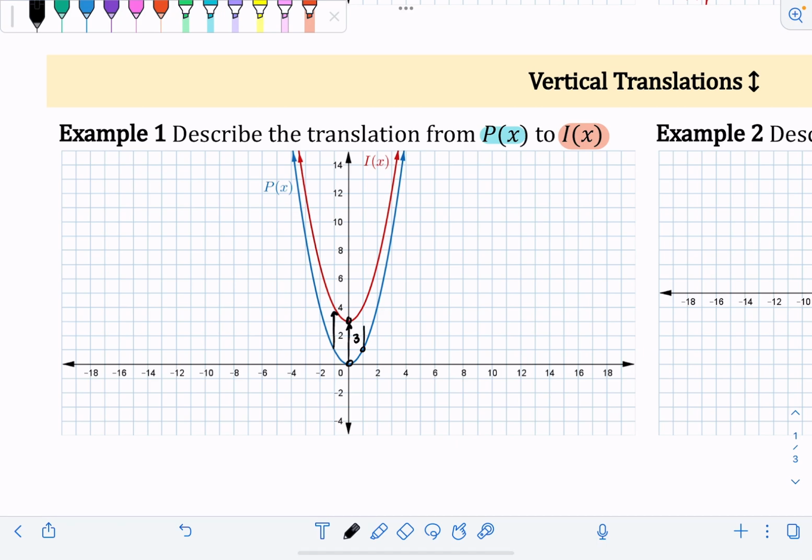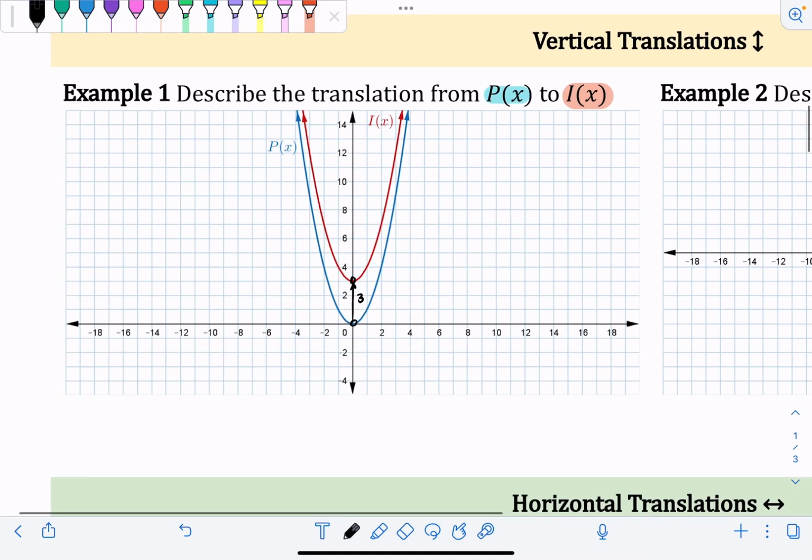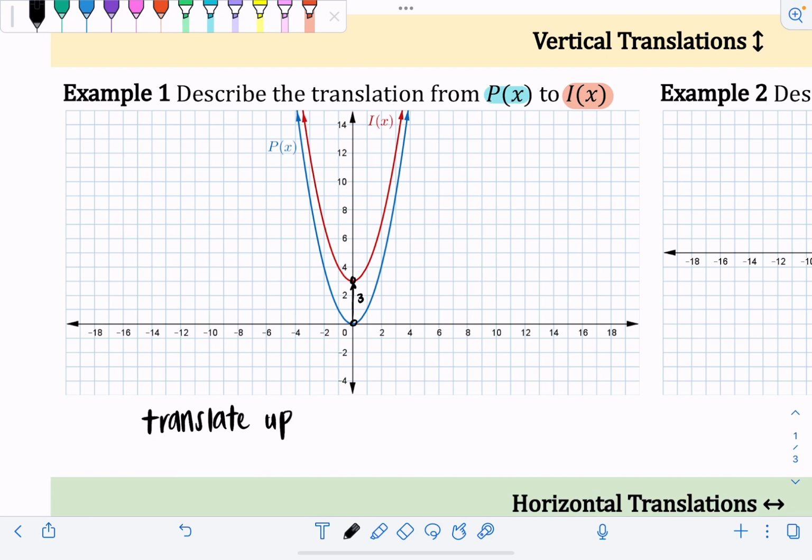This point's moving up 1, 2, 3 units right there. And every point from p of x should be moving up 3 units to get I of x. So for this one, since we're going up 3 units, we would say translate up 3. So translate up 3 units is how we get from p of x to I of x.